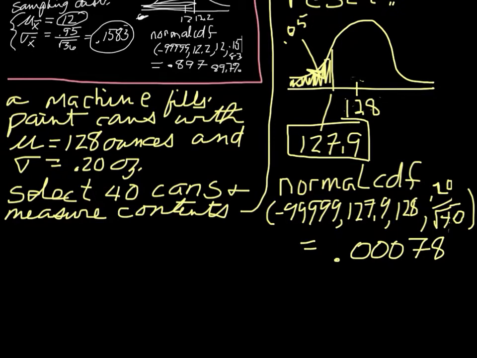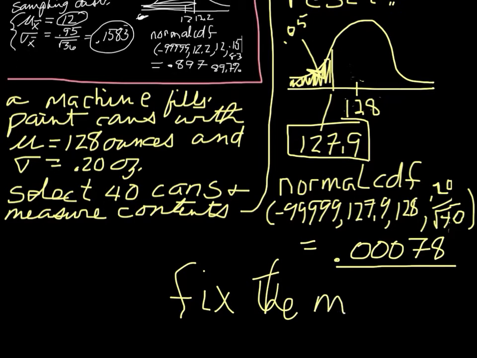And so that means there must be something wrong with my machine if I'm getting that average. So therefore, small probability means fix the machine. I may have said that backwards before, but what I meant was a small probability, less than 5%, means fix the machine. So I'm going to fix the machine because the probability is small.